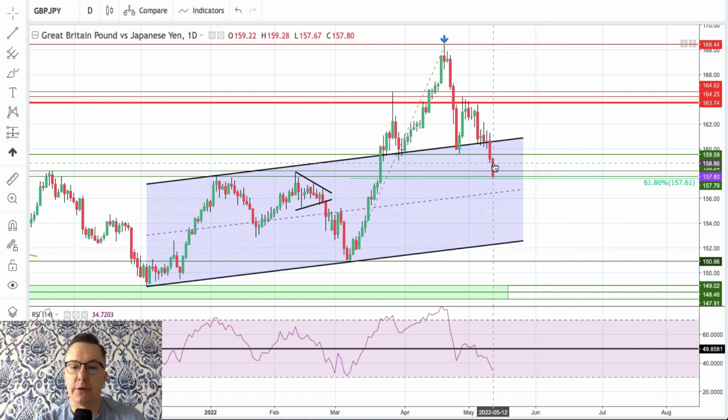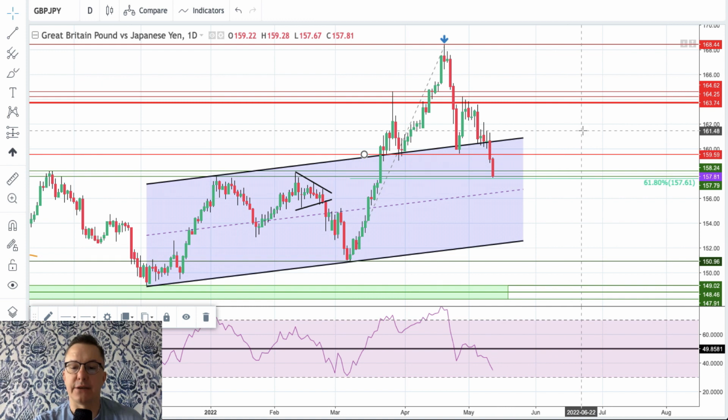168.40. The local low so far was made at 157.76, and as you can see, the 61% is at 157.61. So we need a strong bounce from this level in order to see some kind of a pullback, maybe some kind of a relief rally. However, it looks like the market is not ready for this kind of behavior.